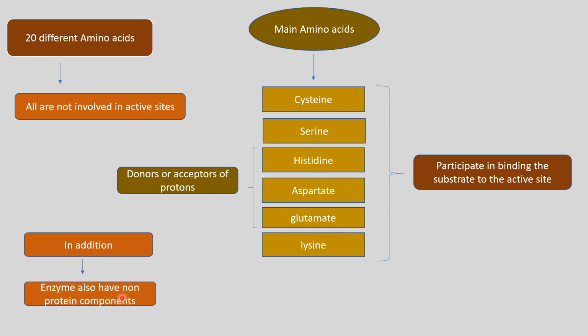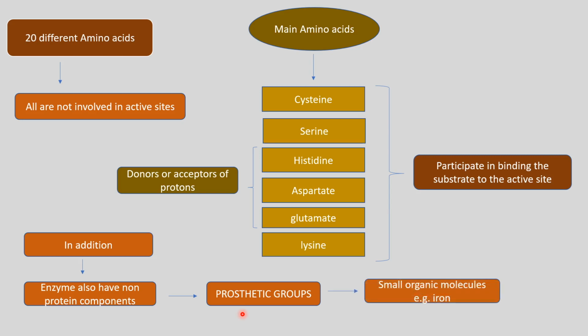So apart from enzymes, there are also certain non-protein components present which are not enzymes, and such groups are called prosthetic groups. Prosthetic groups are those that help the enzyme in carrying out the reaction, but these are non-protein, these are not enzymes, right? And these prosthetic groups are actually small molecules, say for example iron or zinc.